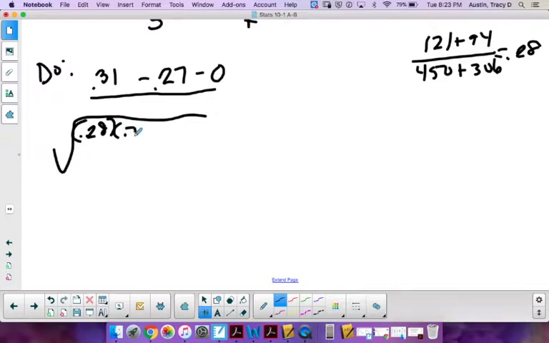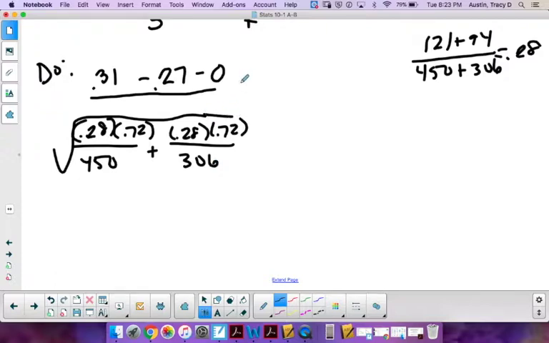What is that going to be? 72 over 450 and 0.28 and 0.72 over 306. So go ahead and put that in your calculator and get that figured out. Again, I'm just going to sit here typing on my iPad in my Desmos.